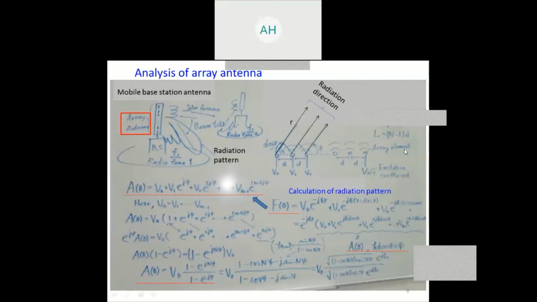Fundamentally, this circle shows the array element, the radiation element, and the radiation elements are placed with separation D. The total number of radiators is N, and the total length is, in this case, N minus 1 times D. Radiation can be obtained by adding all the elements in the radiation direction.